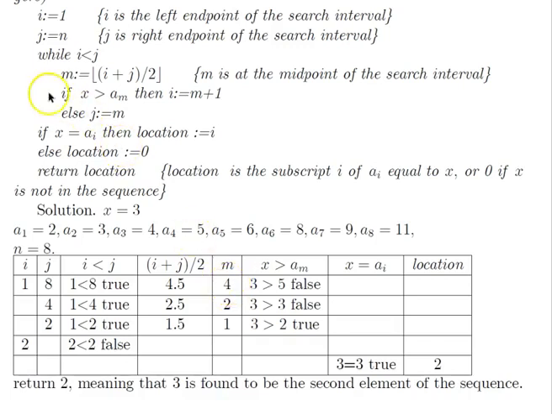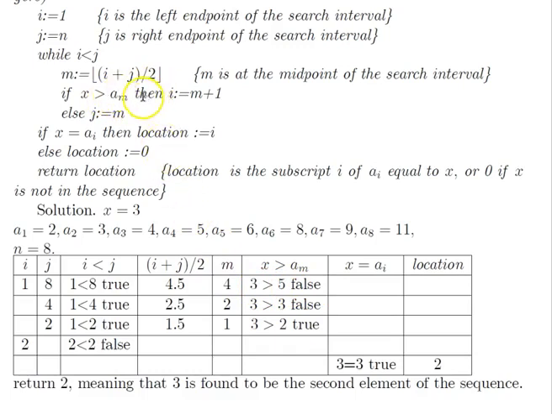And then we arrive at the if statement. The condition of this statement is x greater than a sub m. But x is 3, a sub m is a sub 4, it is 5. So we have this condition, 3 greater than 5, it is false.